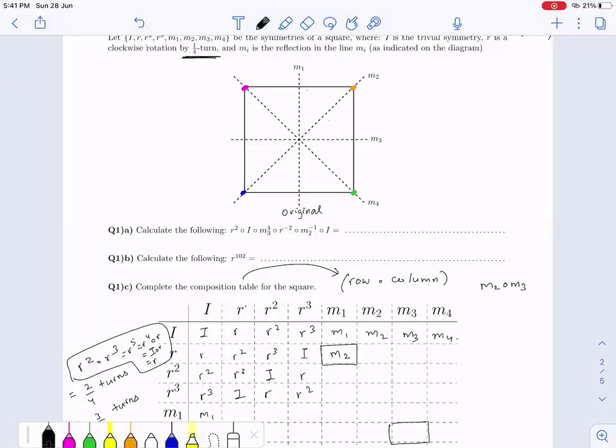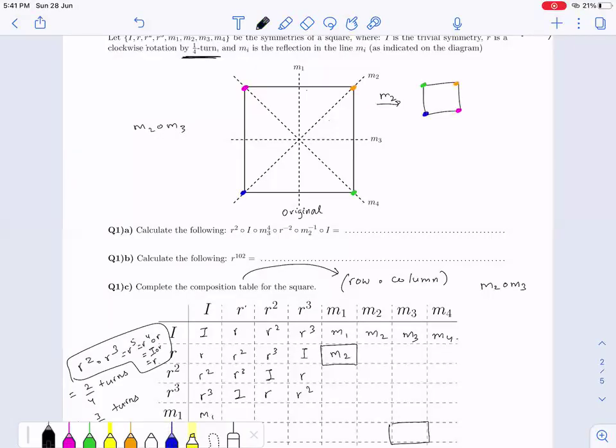So we are applying M2 after M3. So first you apply M2, and after reflecting about this M2, you would have the green one on top, the pink one on bottom, and the orange and blue stay in place.